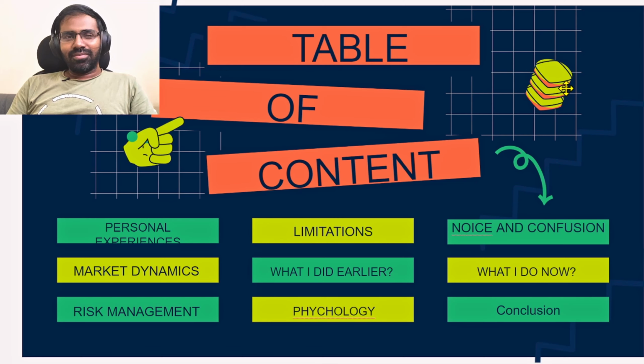Which comes to risk management. Just because my entries were a little bit later, my stop losses would be very, very huge compared to my profits. So that is where I got really busted open because I was really struggling.